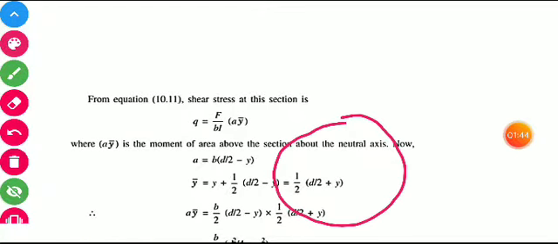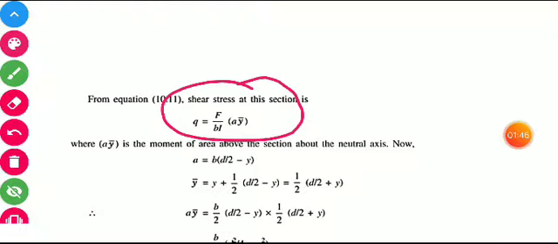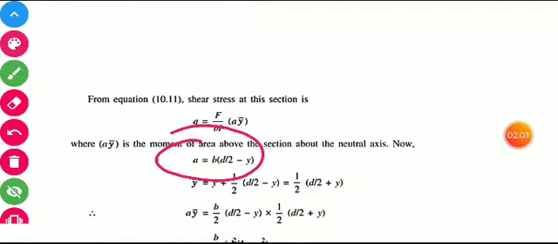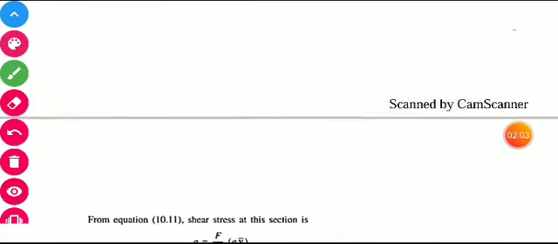We know this shear stress formula, and we just put the value of area and y bar in this expression. So what is the value of area? Area will be equal to b into d by 2 minus y. How?